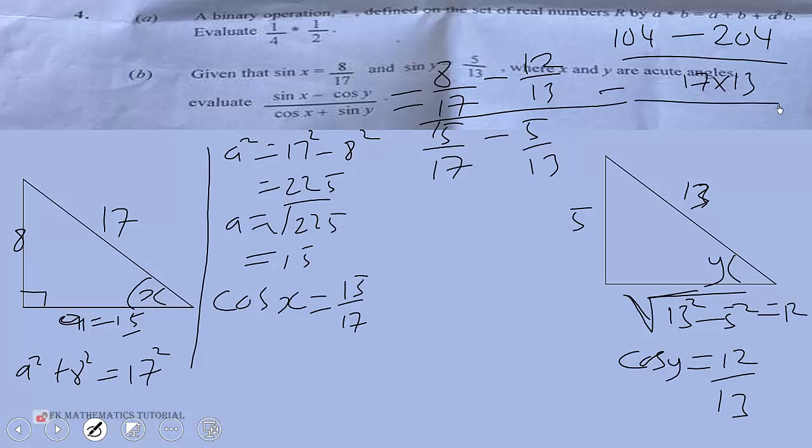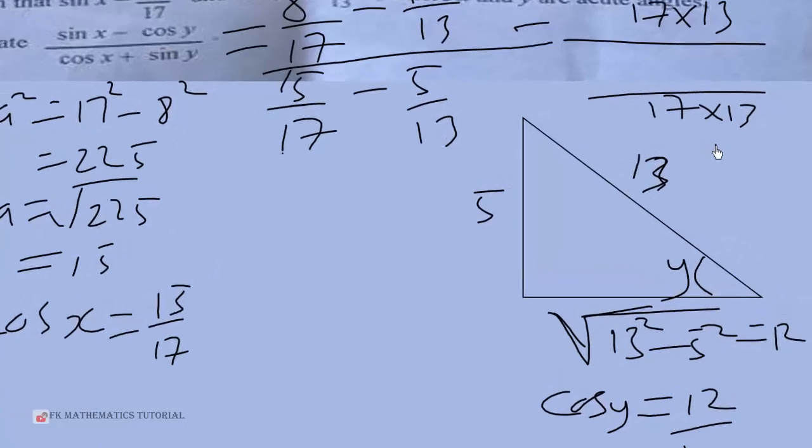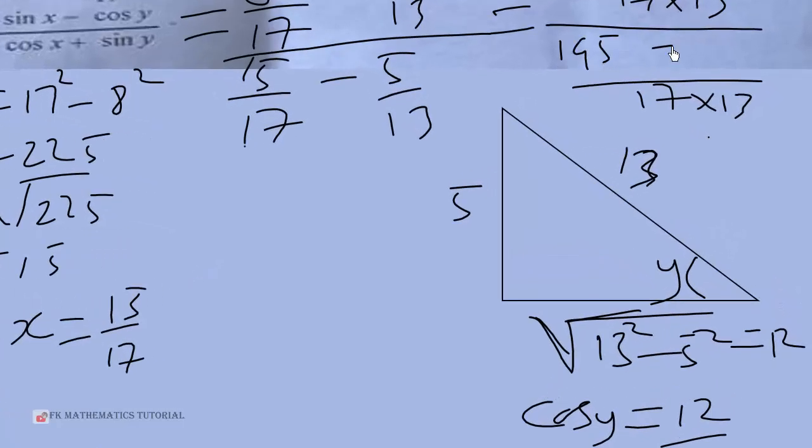All over, we have the LCM again, 17 times 13. Now 13 times 15 is 195, plus 17 times 5, which will give you 85.